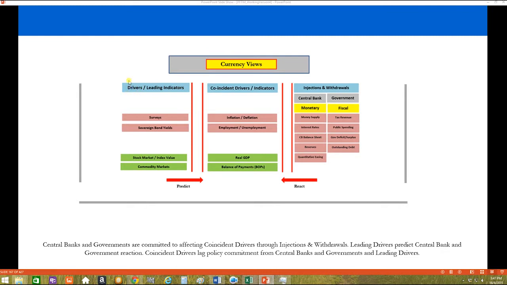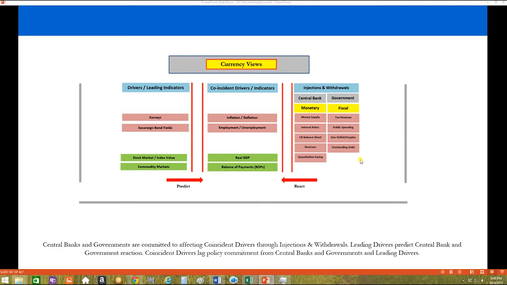So these are drivers that lead the overall economy. And then we have coincident drivers. These tell us what is basically going on in the economy right now. And we have injections and withdrawals made by central banks and governments using, respectively, monetary and fiscal levers.